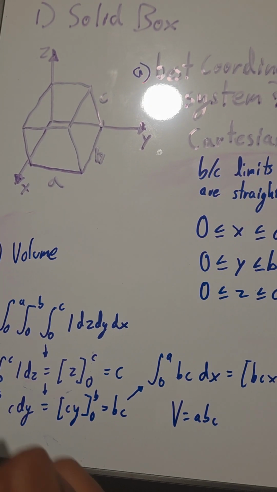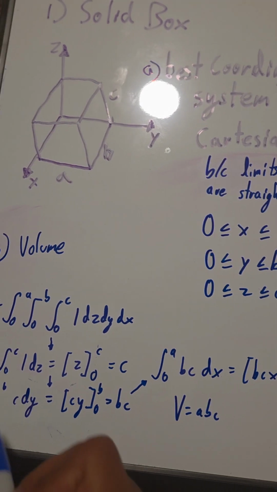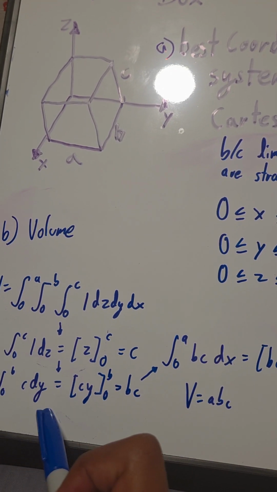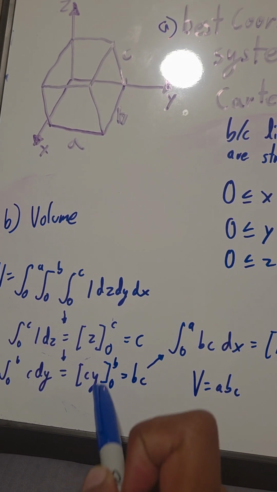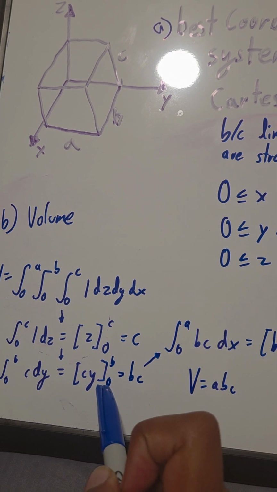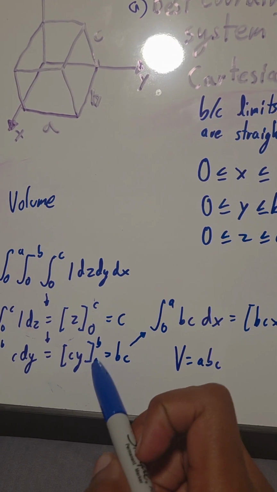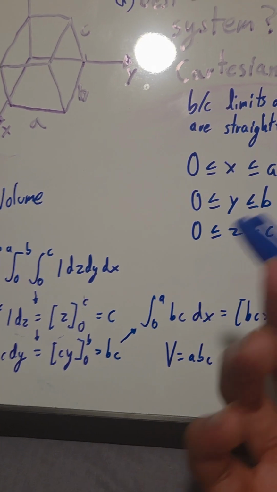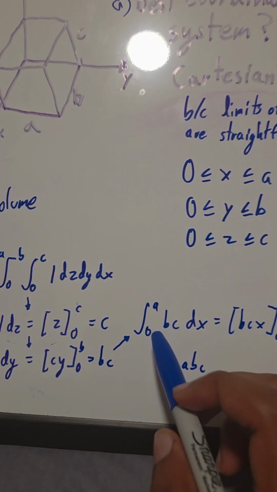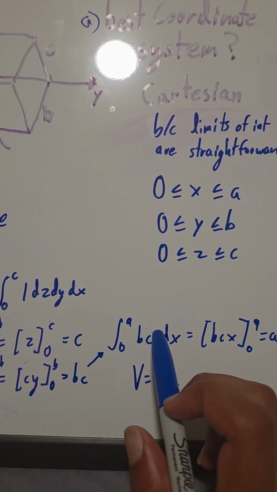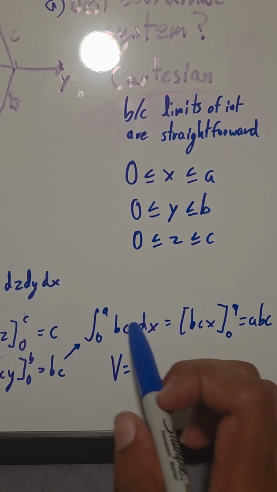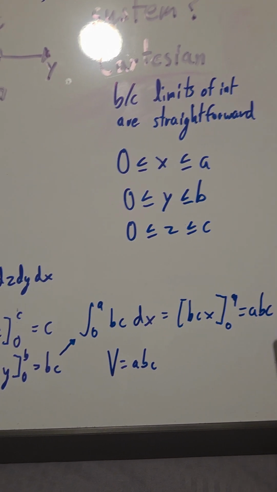Then I integrate with respect to y, the c dy, and from 0 to b, I get b times c. Obviously when you multiply by the 0, it just all becomes 0. Then with respect to x, I get bc dx.